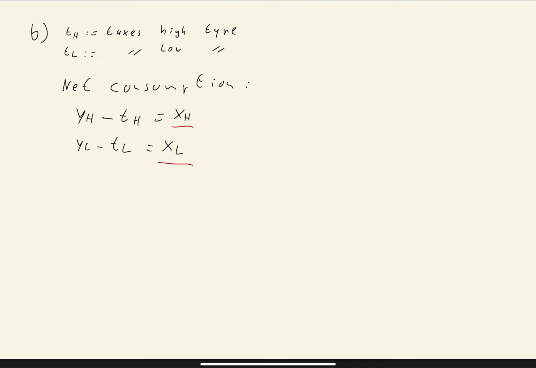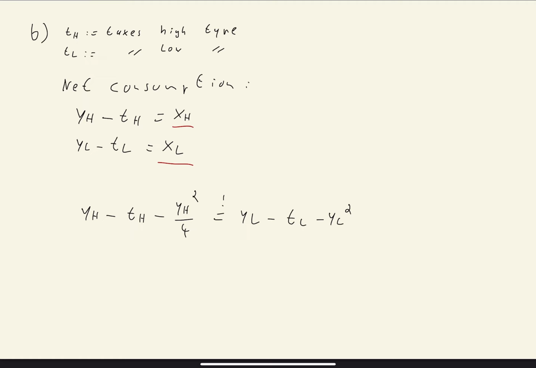Then we have the condition YH minus TH minus YH to the power of 2 divided by 4 should be equivalent to YL minus TL minus YL to the power of 2. This is a condition which must hold if we introduce taxes and still want a first best allocation.